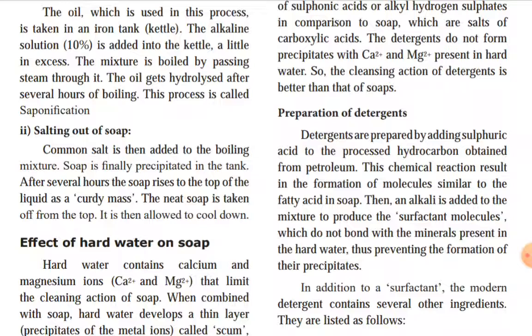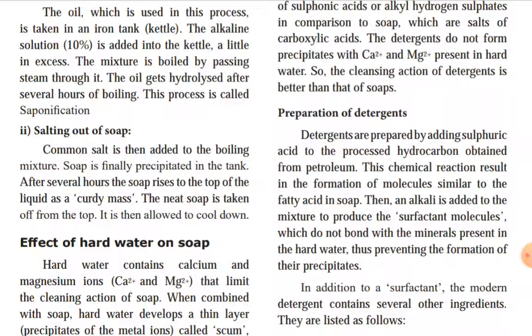It is going to easily spread throughout the cloth by reducing its surface tension. So surface tension is reduced and it spreads easily throughout the cloth to remove the dirty materials in the cloth.